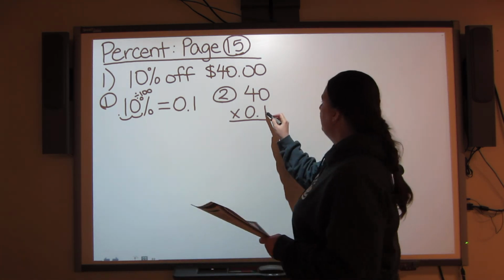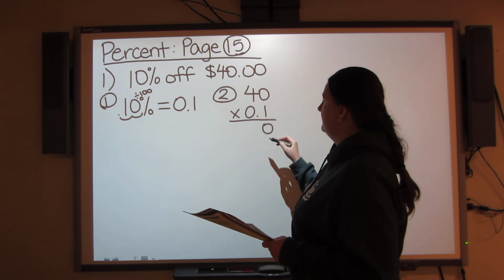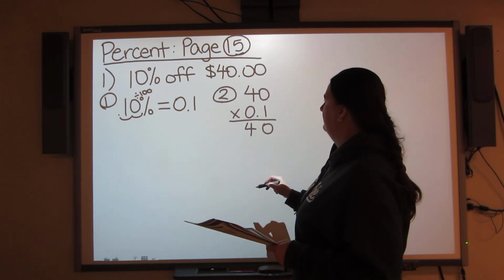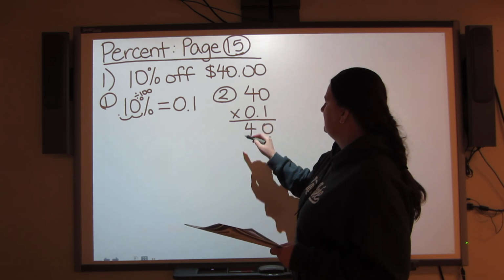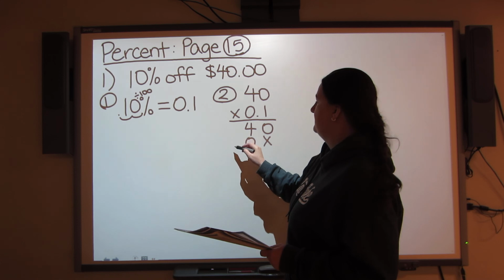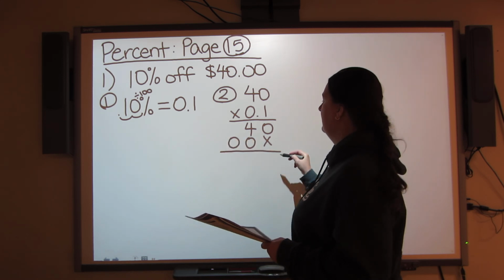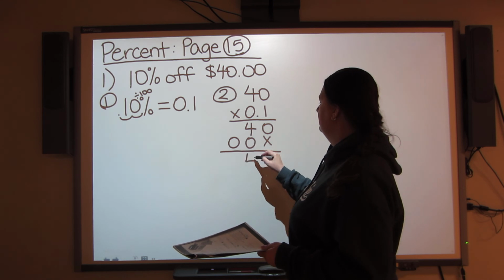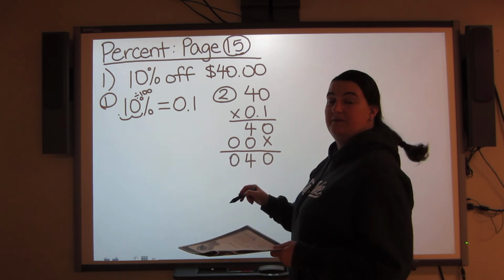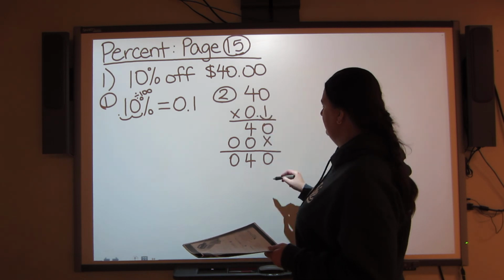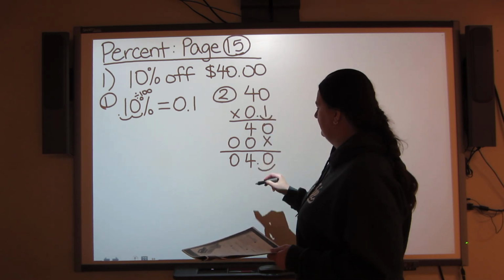So 1 times 0 is 0. 1 times 4 is 4. Put your x. 0 times 0 is 0. 0 times 4 is 0. Then you add them up. 0, 4, 0. How many decimal spots do you have? 1. So you'll have 1 in your answer.